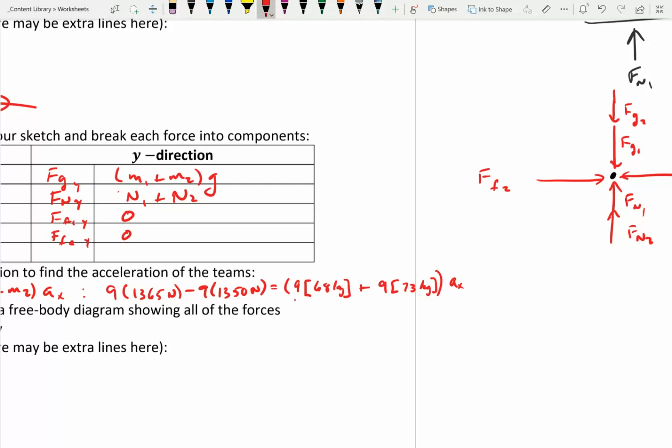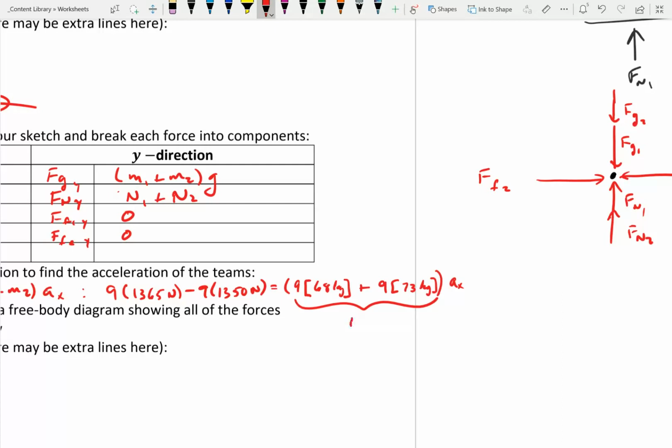So let's combine numbers. What do I get when I put these all together? I did not do them previously like I should have. So if I add them together, the combined mass is 612 for team 1 and 657 for team 2.